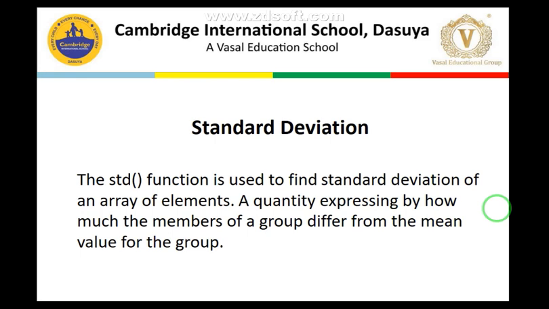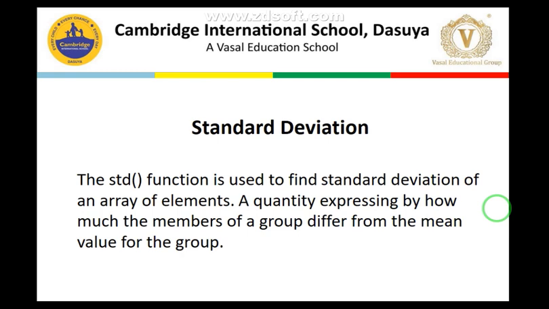What it actually is: a quantity expressing by how much the members of a group differ from the mean value of the group. So students, how much the elements are basically getting varied from the average of that very group. So that number is given by the standard deviation. So hope you understood what the standard deviation is.